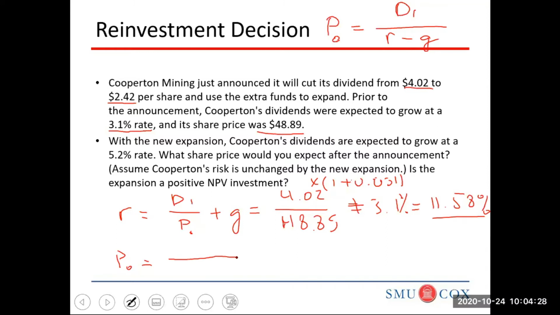So the new dividend today, as if it was today, is 2.42. But then we have to grow it by 1 plus 0.052.